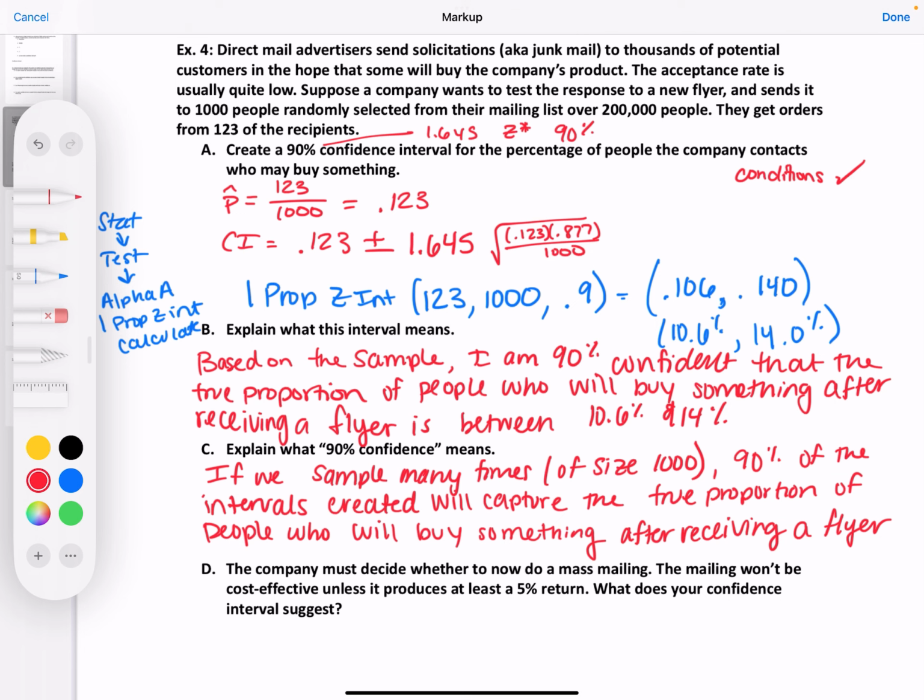So if we ran this basically 100 times, 90 of the times the interval would capture the true proportion, is what that's saying.